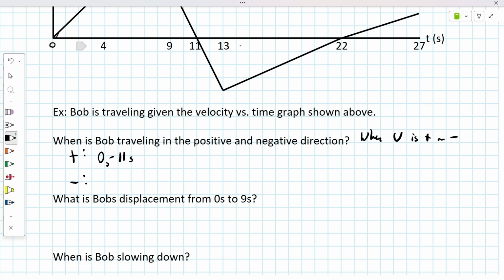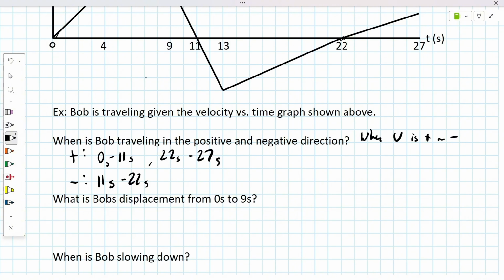And then from 11 to 22 is all in the negative direction, because now the velocity is negative and the speed he's moving at is now in the negative direction. So from 11 seconds to 22 seconds. And then this final point, it switches back to going in the positive direction from 22 to 27. Alright.